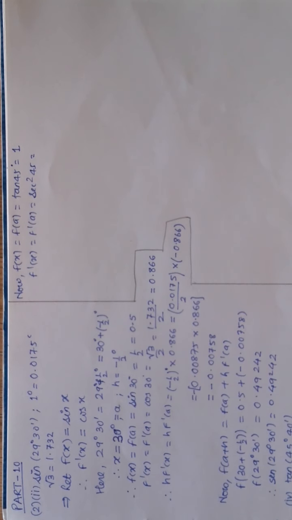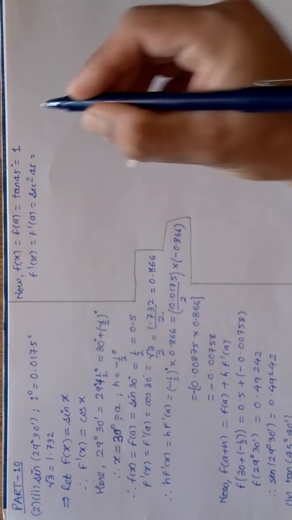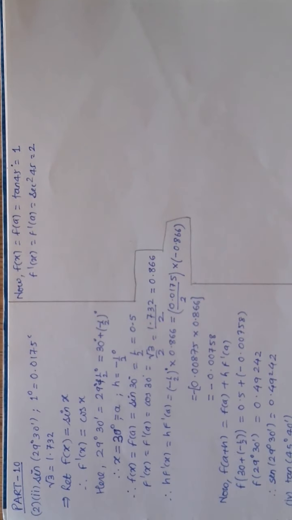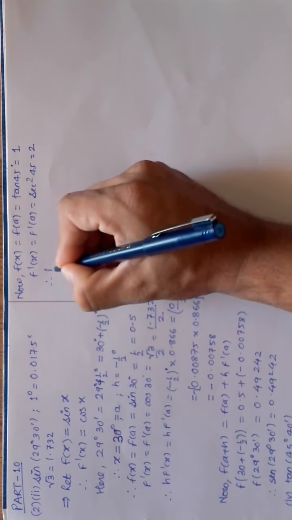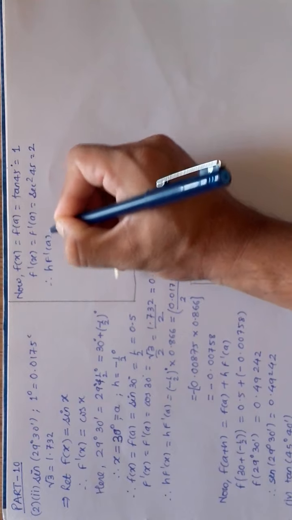If you don't remember sec square 45, at least remember cos 45 and sin 45 are 1 by root 2. So reciprocal of them is root 2, and square of them is equal to 2. Agreed?